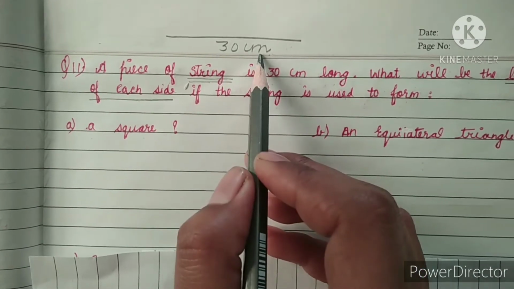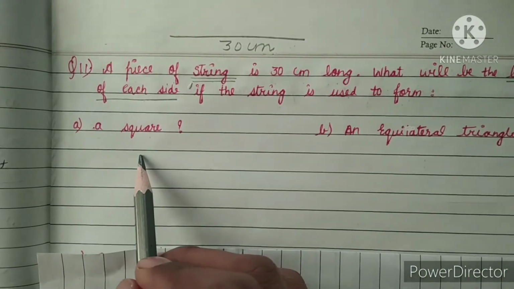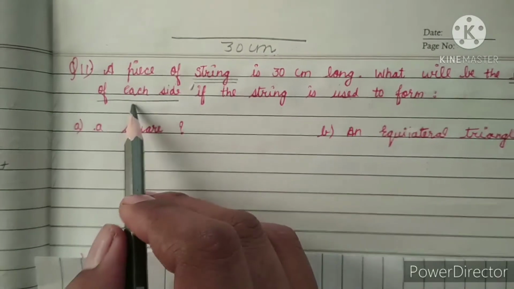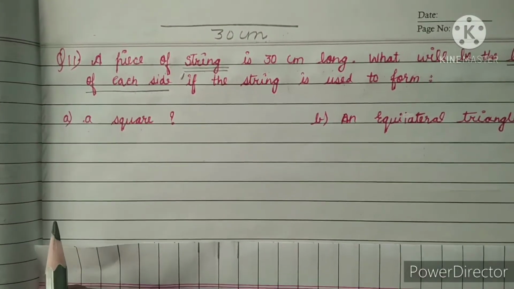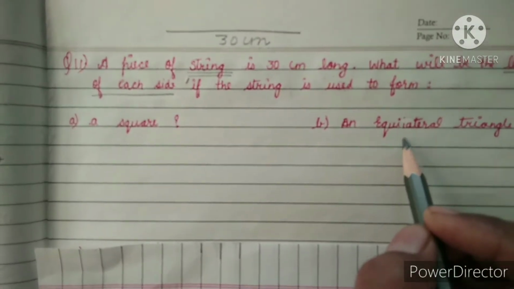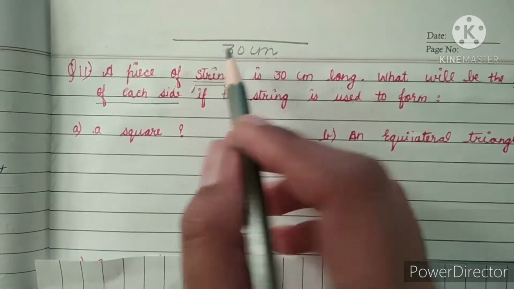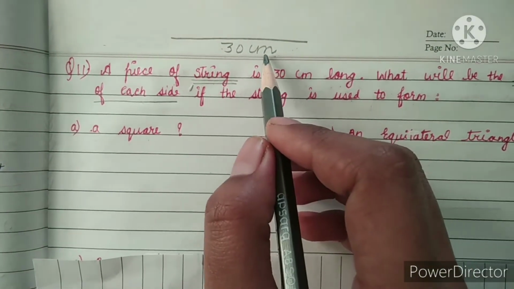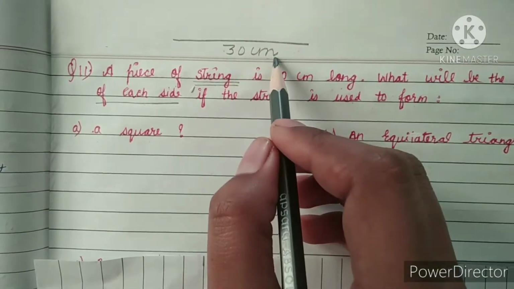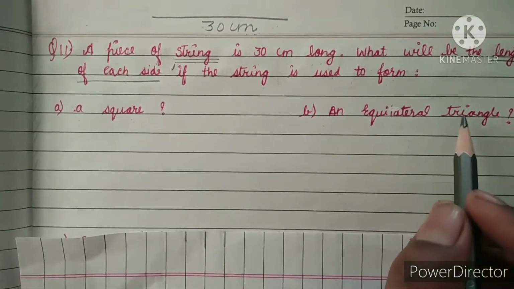Out of this 30 centimeter, we have to make different figures and we want to take each side of that figure. So whatever the figure we will make, its perimeter will be 30 centimeter, because after folding this 30 centimeter, we will get a square or we will get an equilateral triangle.